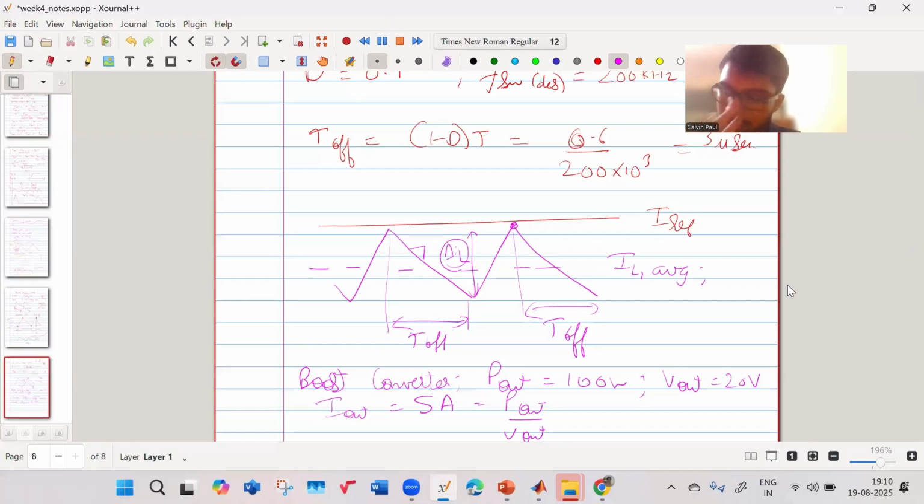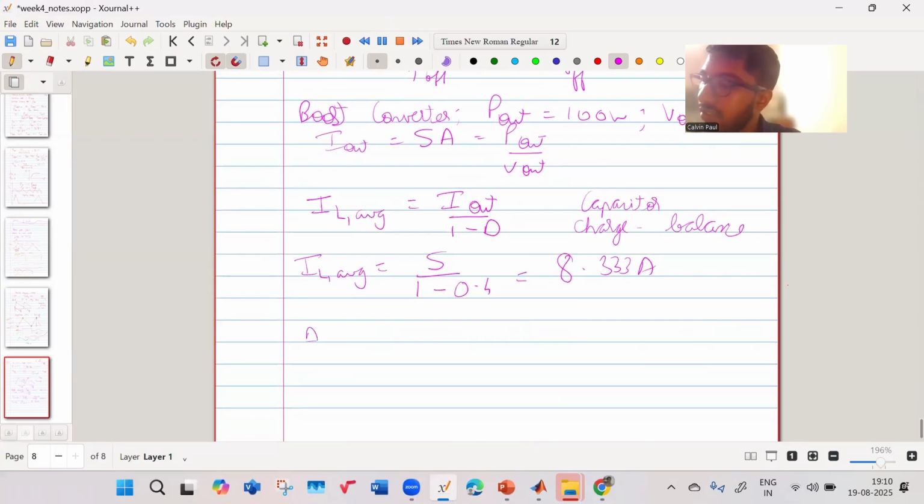V in minus V0 by L. Yes. So delta IL actually is V in minus V0 by L into T off. But you must remember V in is less than V output. That's why you must have a minus sign.